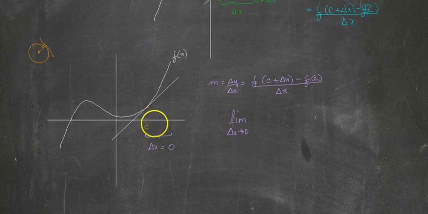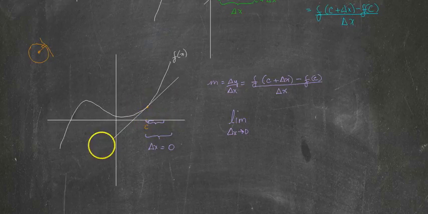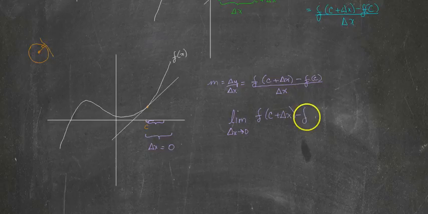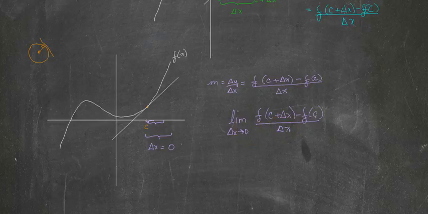As these delta x's get smaller and smaller, as the difference between the 2 points gets closer and closer to 0, we can take f of c plus delta x minus f of c over the change in x. We're not actually looking at delta x being 0, we're just looking at what's happening as you get infinitely closer to 0, so we can say what the slope of that tangent line is by using the limit.